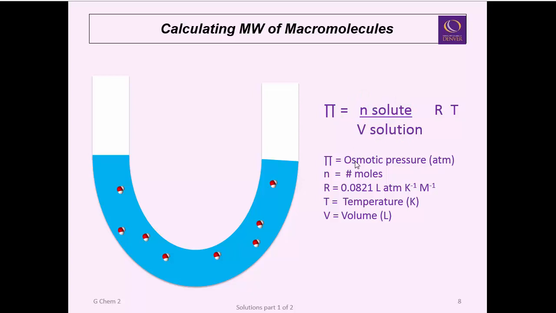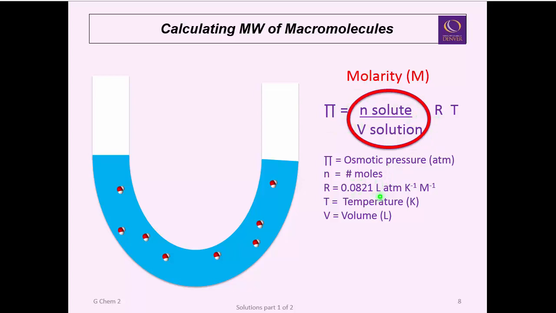n is the number of moles. V is the volume of the solution. Now this is different: this is not the volume of the solvent, it's actually the volume of the solution total. And if I knew the number of moles and the total volume of the solution, that looks familiar. That's actually molarity. So you could rewrite the osmotic pressure formula and use it in either form: molarity times RT.